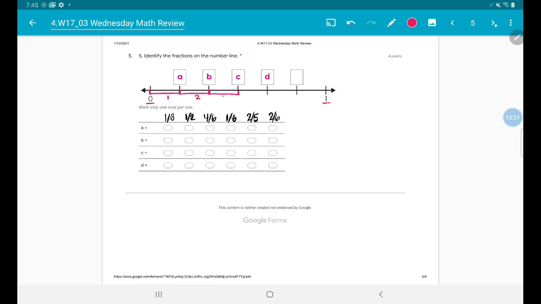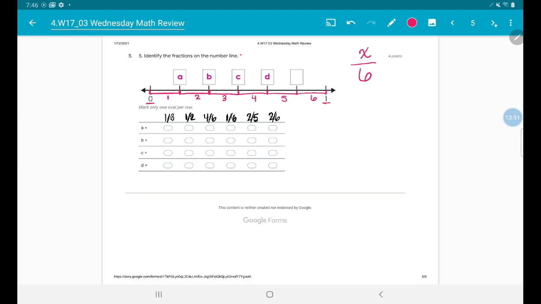Another space makes 3. Another one is 4. Another makes 5. And then to the 1 makes 6. So there's 6 equal spaces between 0 and 1. So I know that my number line is broken into sixths.